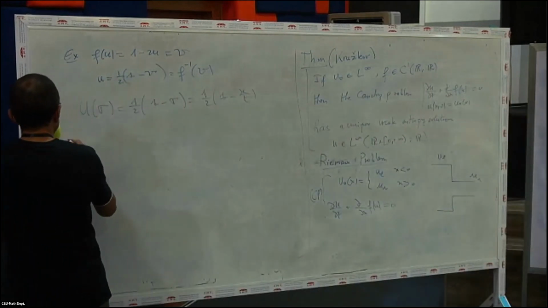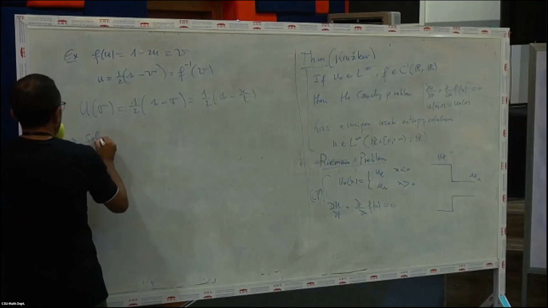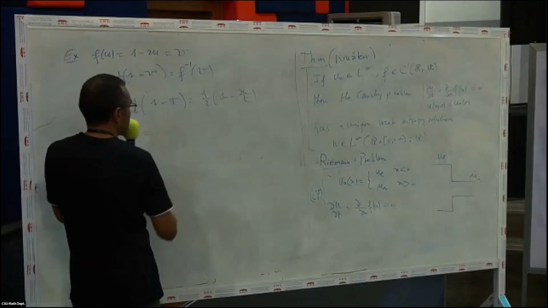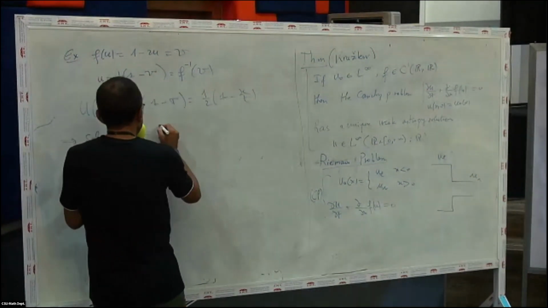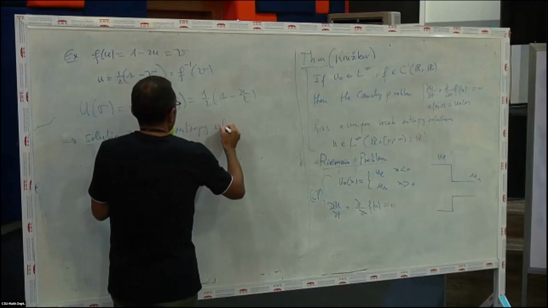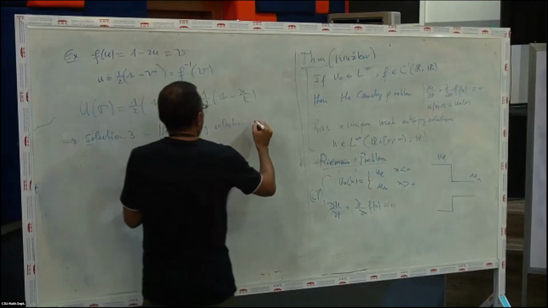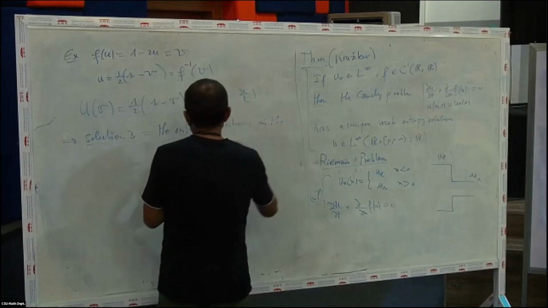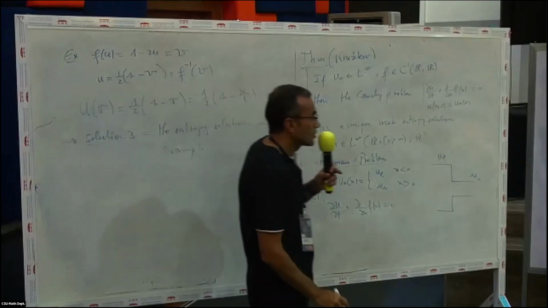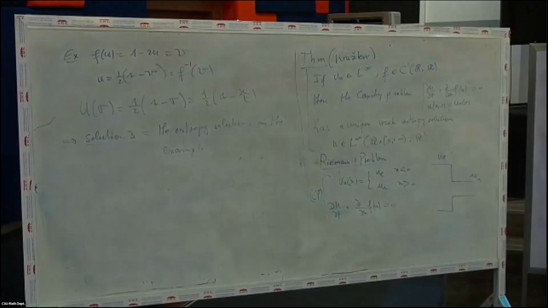So solution 3 equals the entropy solution in the example. Because in this example, we are in exactly this situation, because here we had 1 and here is 0.